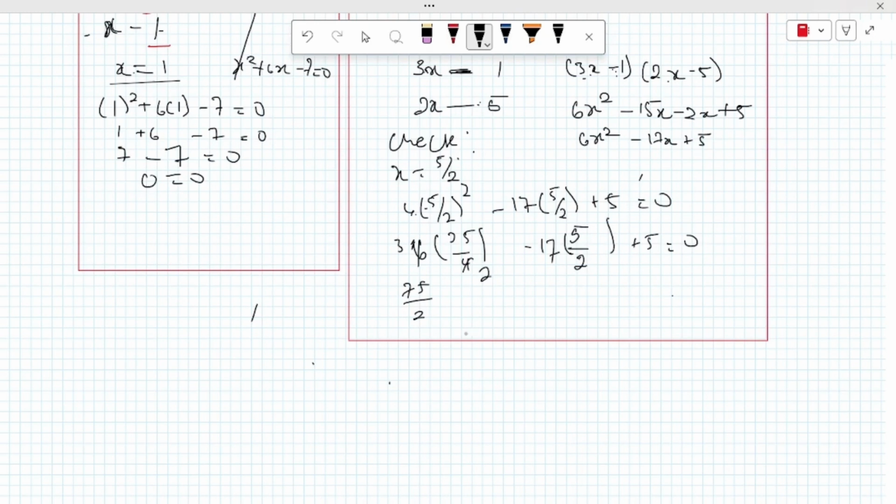So this is minus 85 over 2 plus 5 is equal to 0. Right, let's check. So now it's 75 minus 85, which is going to be equal to minus 10.